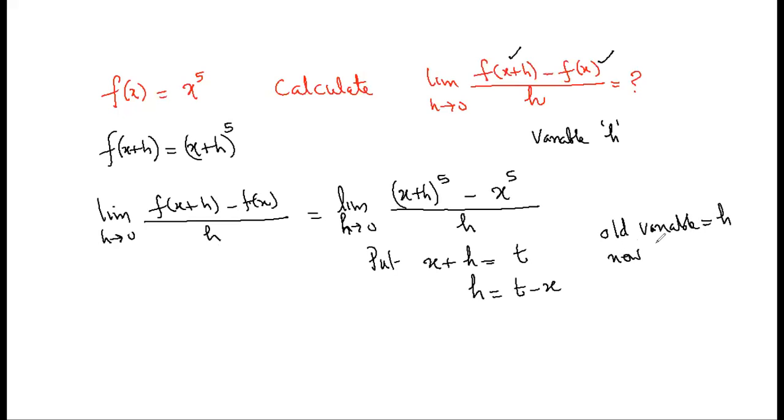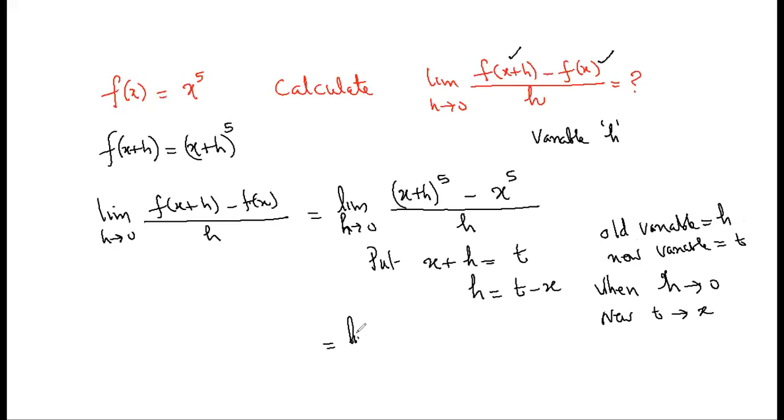New variable is t. When the old variable h becomes 0, what will be the condition of the new variable t? T becomes x. If the value of h becomes 0, then t and x become the same.